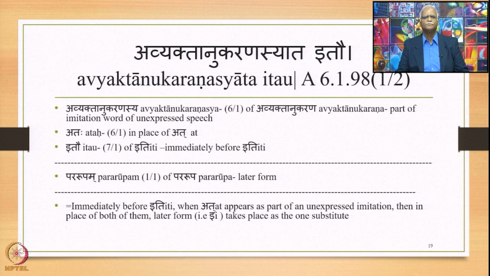And I repeat, immediately before iti, when at appears as part of an unexpressed imitation, then in place of both of them, the latter form, that is e, takes place as the one substitute.